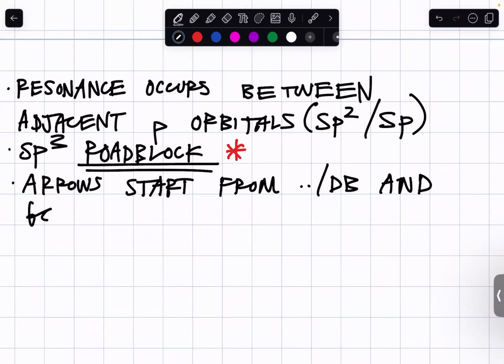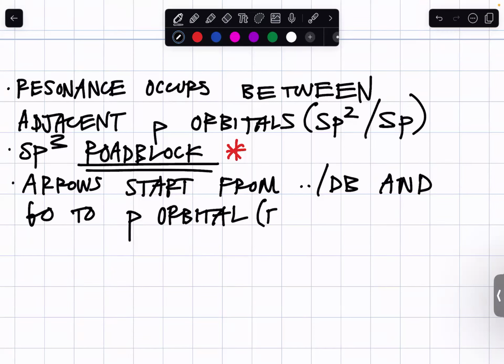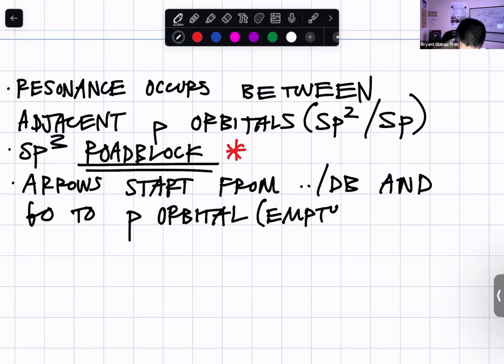And they go to a p orbital, where it could be empty, a positive charge, or another double bond.